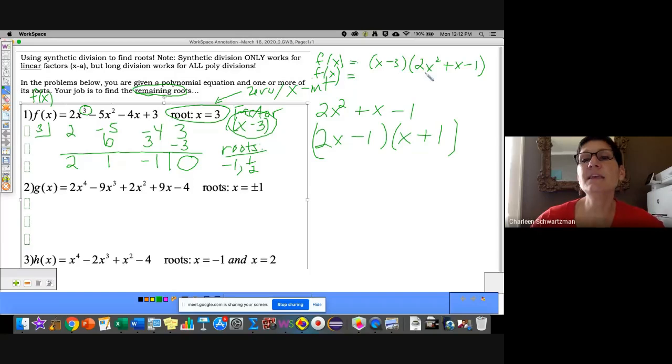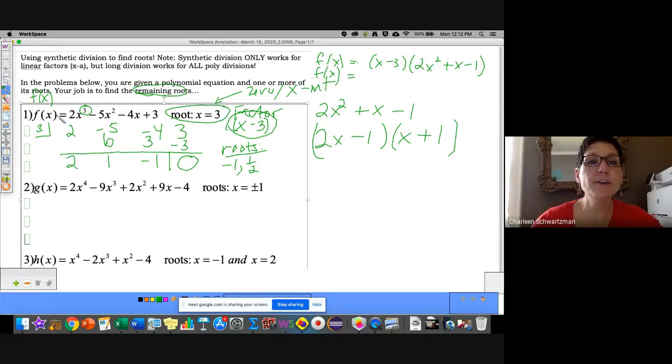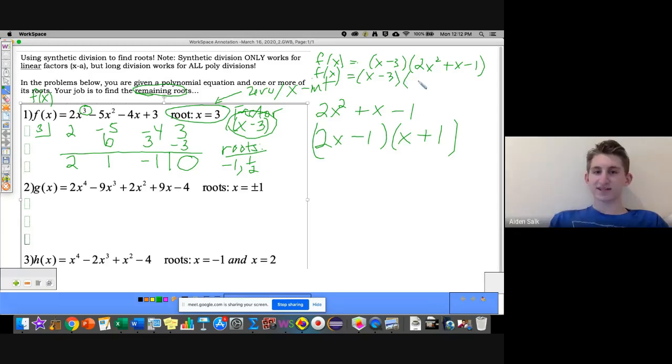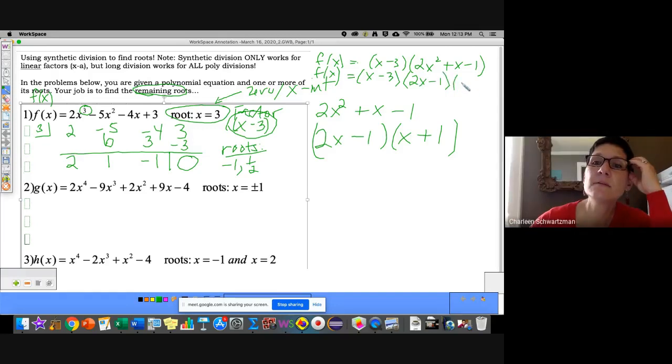And then the thing is I can actually write this function as a product of linear factors. Does that make sense? I can write that function as a product of linear factors. And if I do, it's going to be x minus 3 times 2x minus 1 times x plus 1.